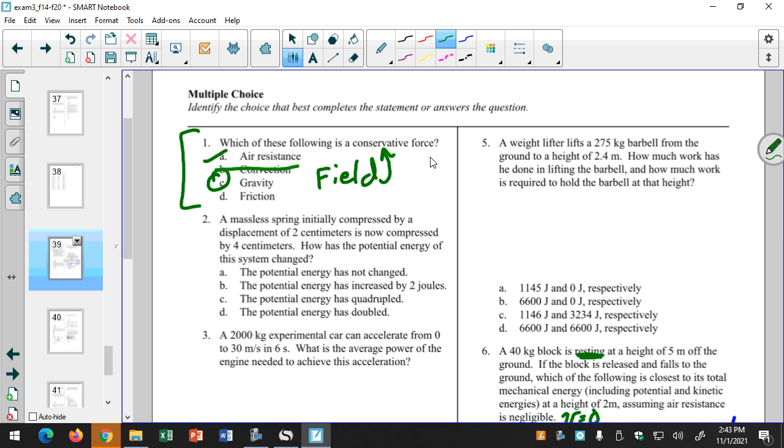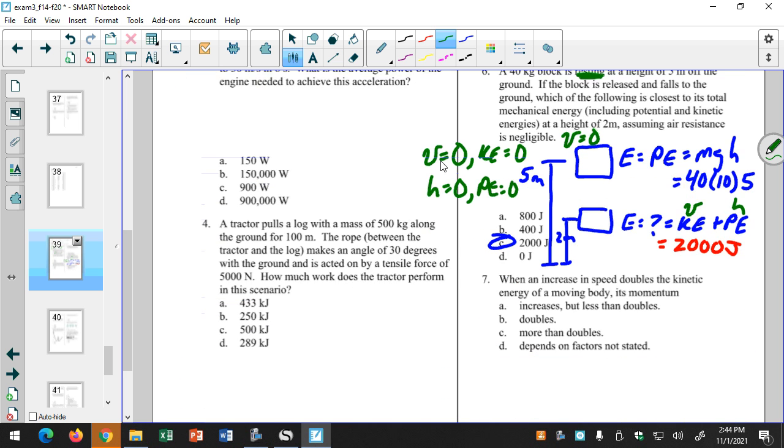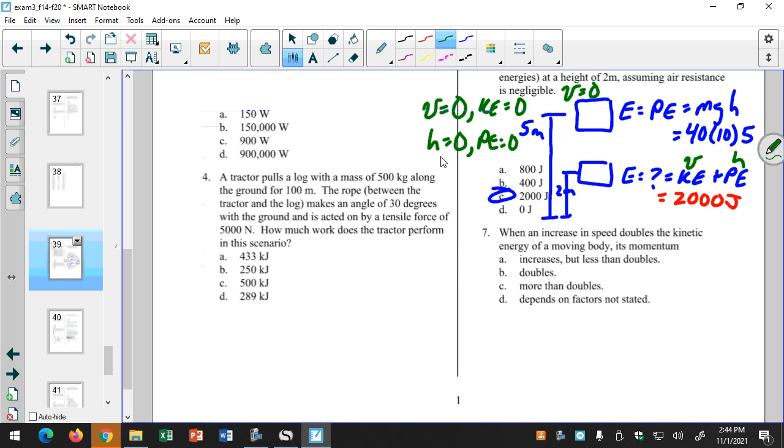Contact forces are not conservative. Conservative means you conserve what? Energy. Conservative in physics always refers to energy. No springs. When you increase in speed, oh no, never mind. That's chapter 6.